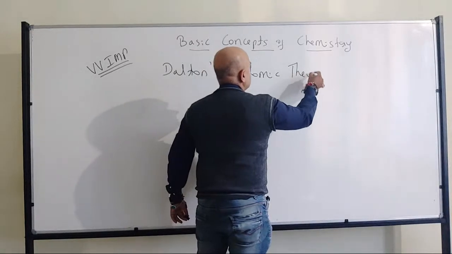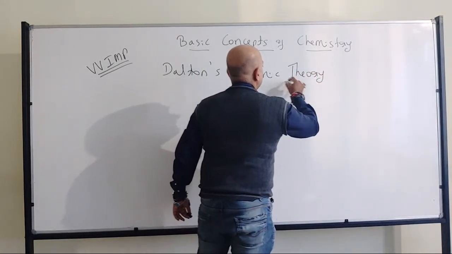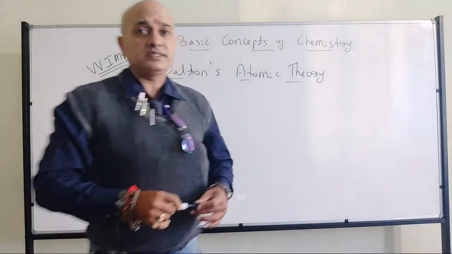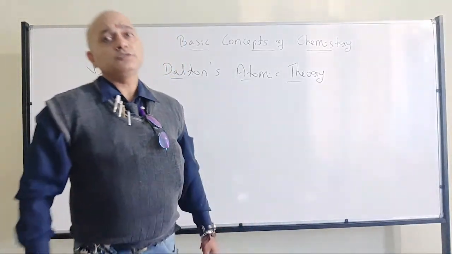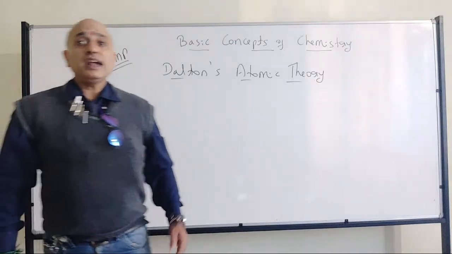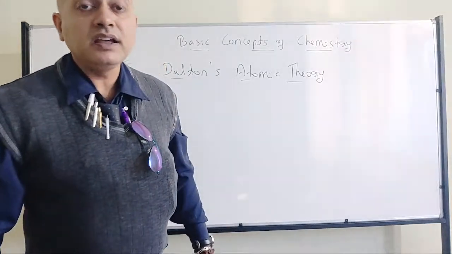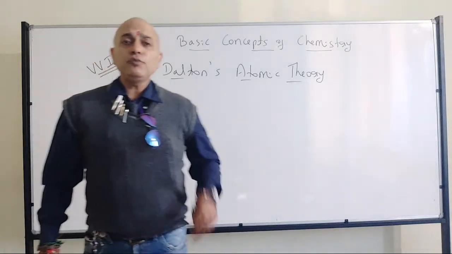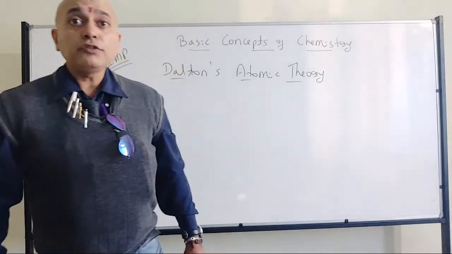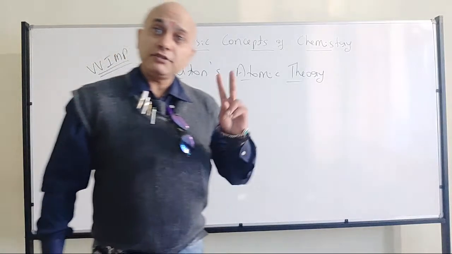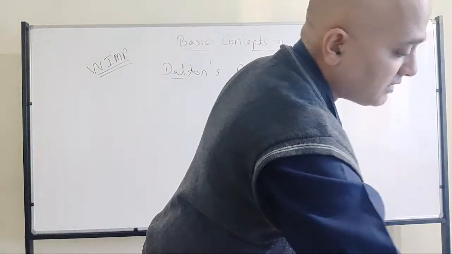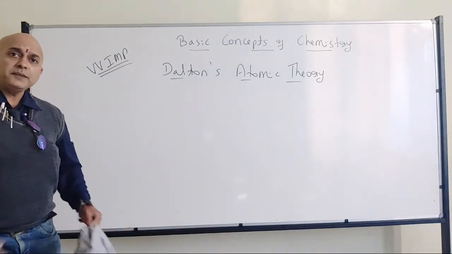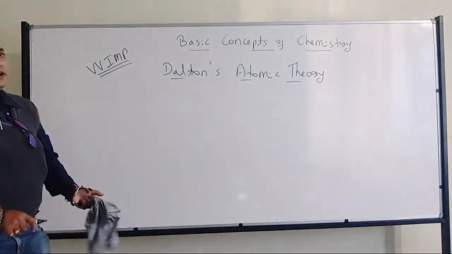Depending on the marks, we should write the points. If you write extra points, no problem, but you should not write fewer points. Say for example, a 3 marks question has been given, but you have written only 2 points. Then you are not going to get complete 3 marks. You are going to get only 2 marks because you have written 2 points. Okay? All of you have understood?